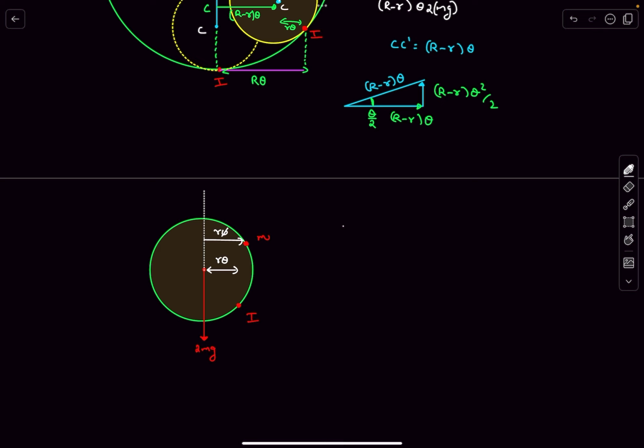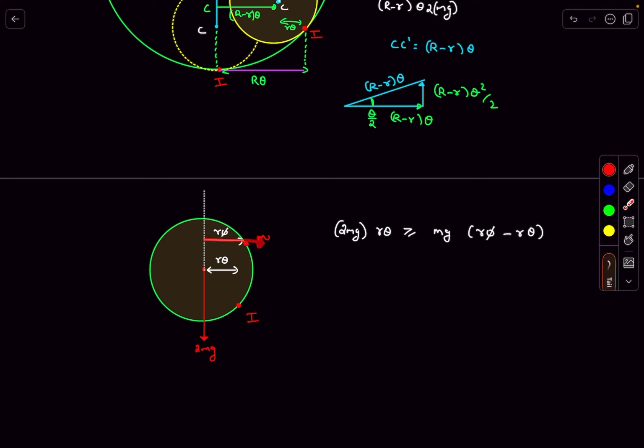We can say the counterclockwise torque, which is 2mg times its horizontal distance from I, which is r theta, is greater than or equal to the clockwise torque, which is mg times its distance from I, which is going to be small r phi minus r theta. Once again, small m mass is at a distance of r times phi, and IC is at a distance of r theta. So the distance between these two is r phi minus r theta.